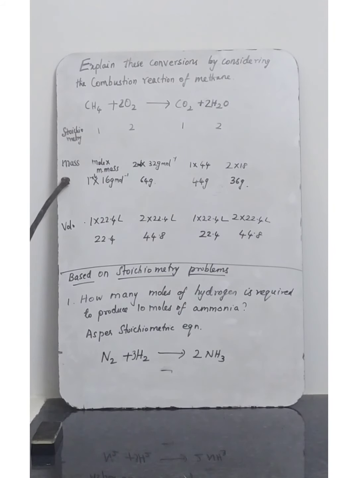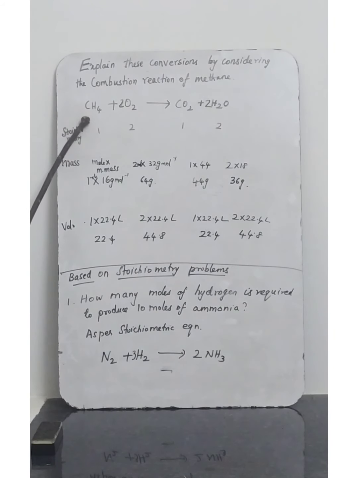Then how can we write the mass relationship? Moles into molecular mass is equal to mass. How many moles of methane? 1. So 1 mole into the molecular mass of methane. How many carbon atoms? 1. How many hydrogen atoms? 4. The atomic mass of carbon is 12 and of hydrogen is 1.